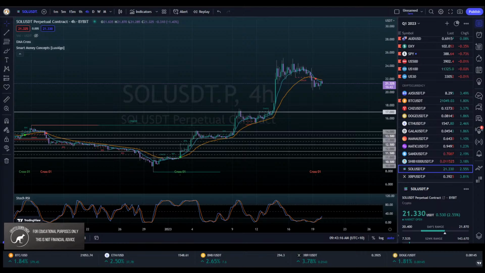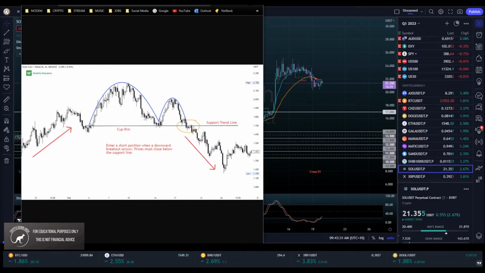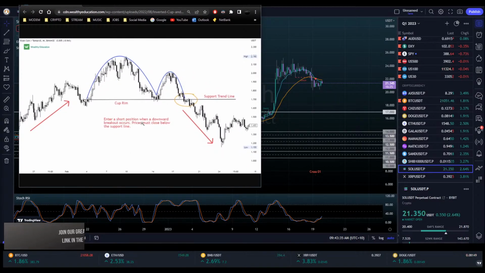So some people have them drawn out upside down. Let me open this in a new tab and bring it over. Okay. So that is suggested as a possible short. Enter a short position when a downward breakout occurs. Price must close below the support line of the cup rim.